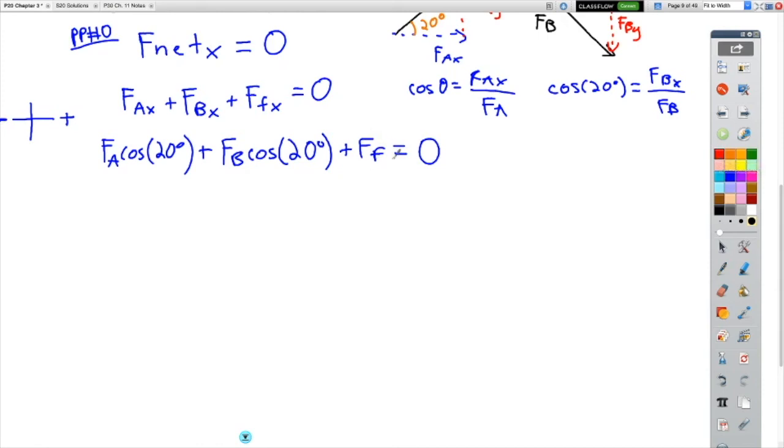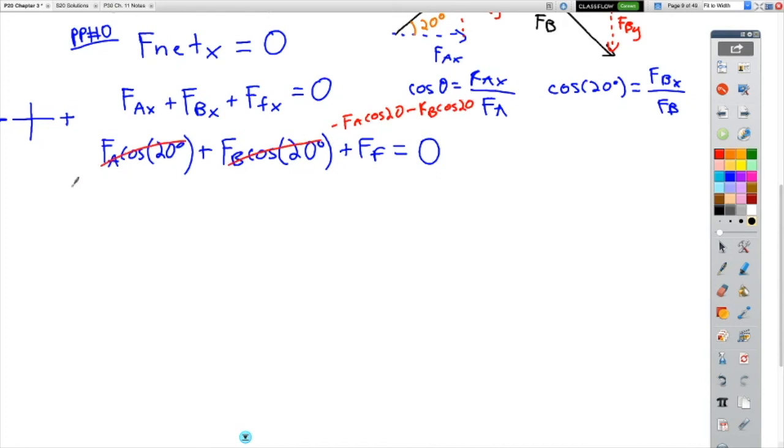What is happening to FF, the force of friction? Why is it not isolated? Well, this is being added to it, and this is being added to it. So we have to undo those additions. We're going to subtract FA cos 20 and subtract FB cos 20 from both sides. See you later.